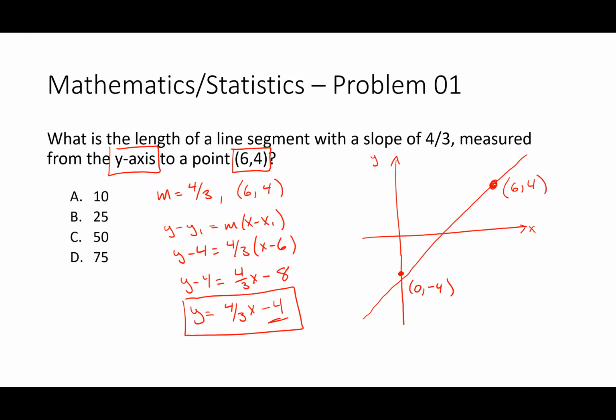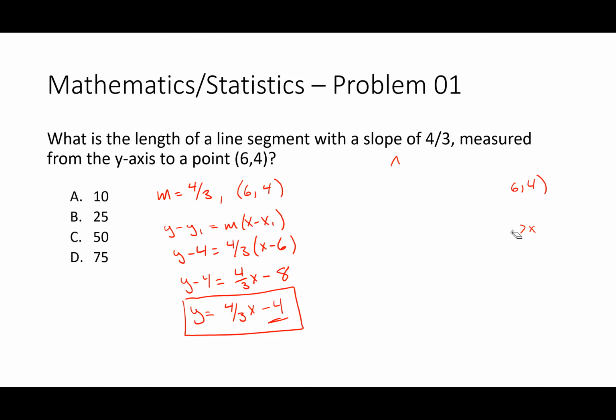So basically what I'm getting at is I've got my 2 points in order to determine the length of the line segment, because the original problem said I needed to determine the length of the line segment with a slope of 4/3 measured from the y-axis to this point. So if I erase all this because I want to use this room here, I now have my 2 points. My points are (6, 4) and (0, -4), because that's the y-intercept.